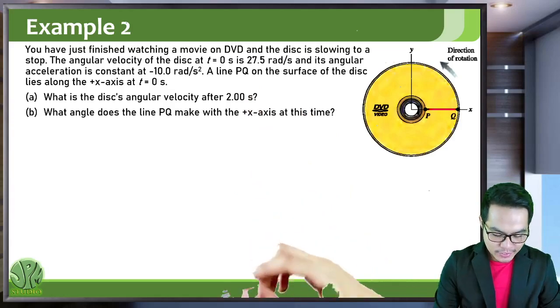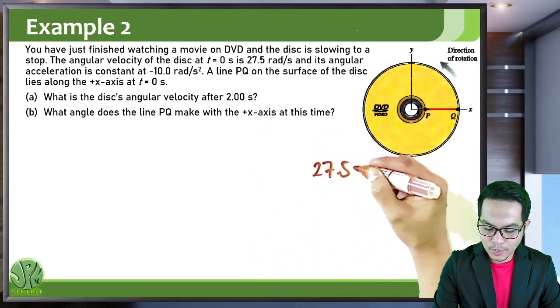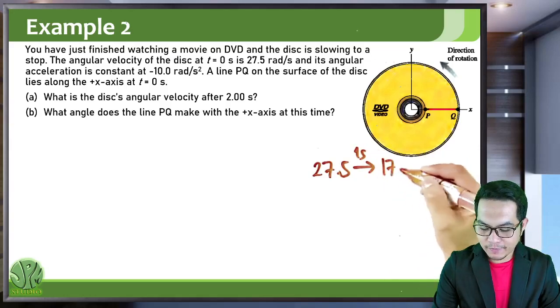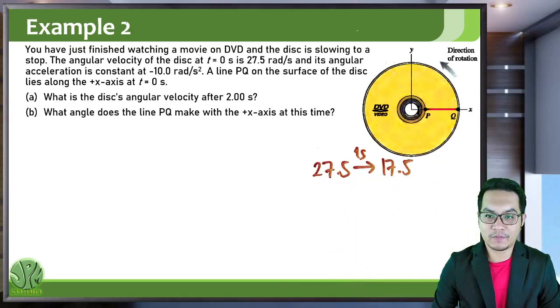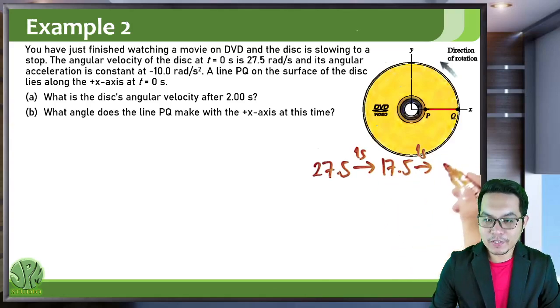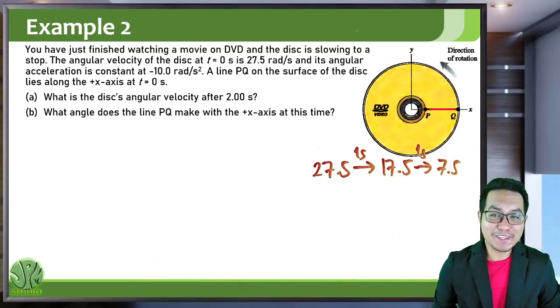So from 27.5, after 1 second, it will now become 17.5. It will be reduced by 10: 27.5 minus 10 becomes 17.5. And after another second, 17.5 minus 10, you will get 7.5 radians per second. So that's the answer for letter A.